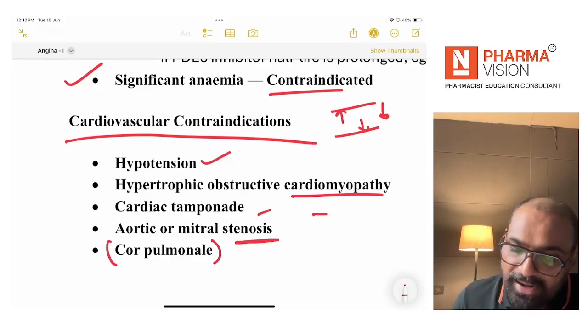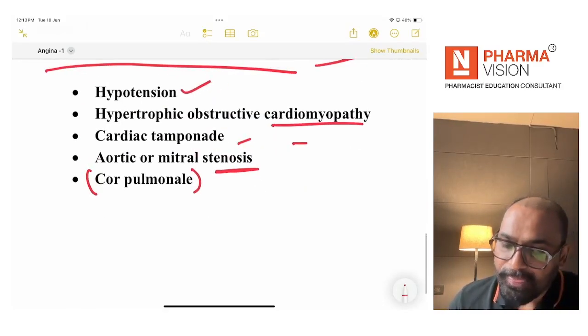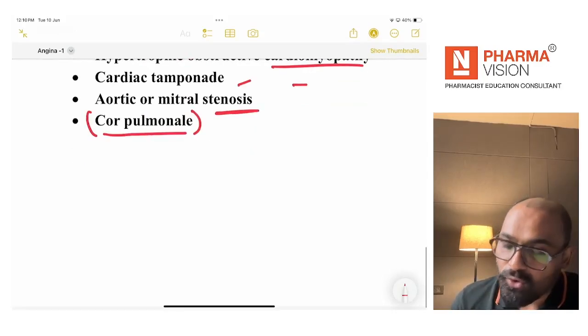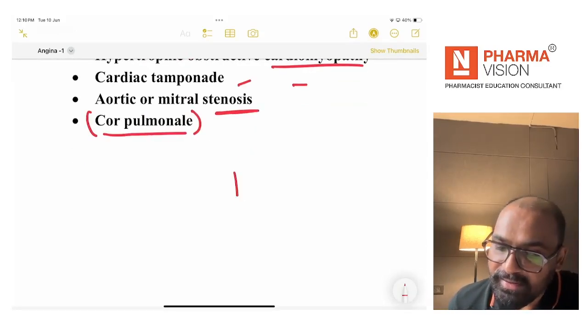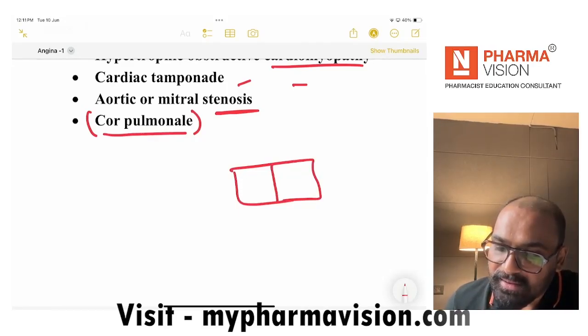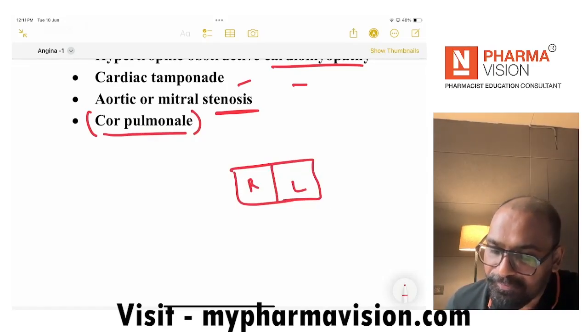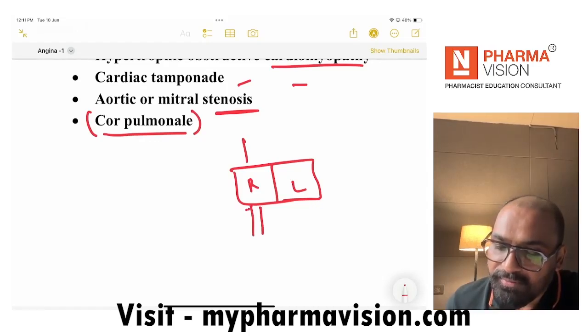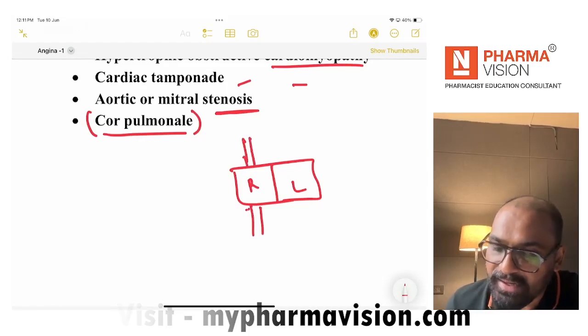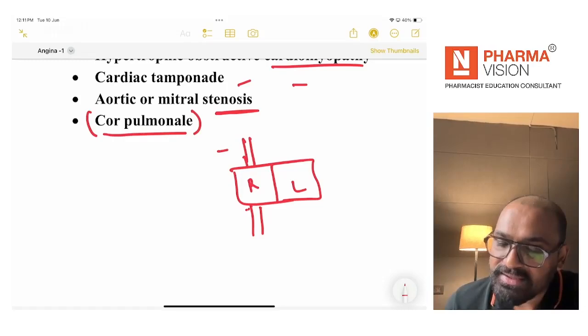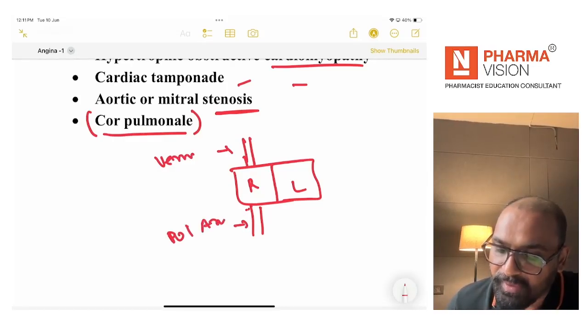Cor pulmonale. What is cor pulmonale? To understand cor pulmonale, this is the heart. This is the right side, this is the left side. The right side is receiving blood from the veins, and there is the pulmonary artery.